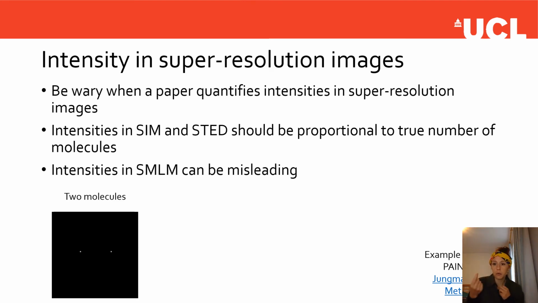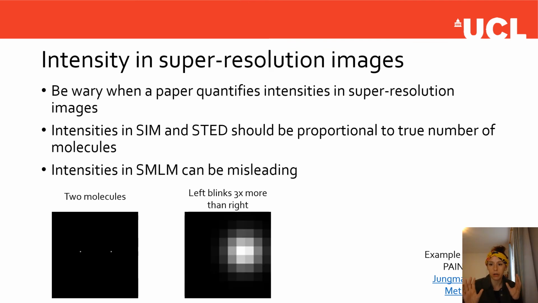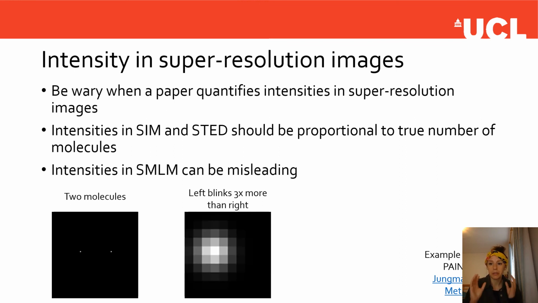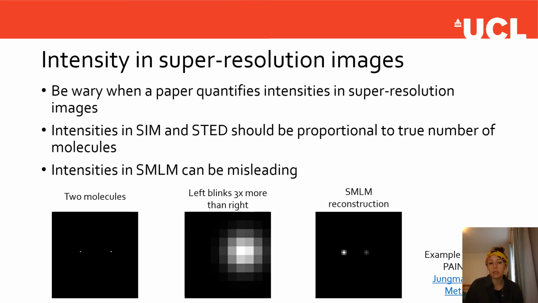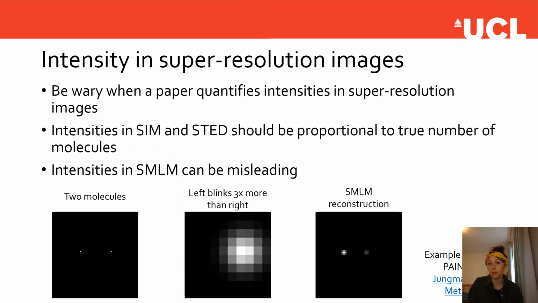For example, let's say we've got 2 molecules that we're imaging, and just by pure chance, our left molecule blinks 3 times more than our right molecule. If you don't analyse that data correctly, or if you don't appreciate what an intensity in a single molecule localization microscopy image means, then you might end up with an image like this, where you say, oh, there's more protein or more fluorophore on the left than on the right, when in reality, that molecule just blinked more than the one on the right.